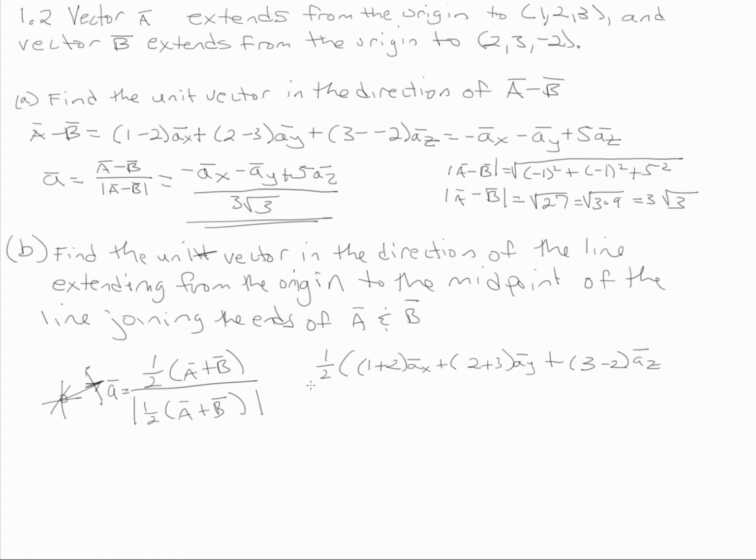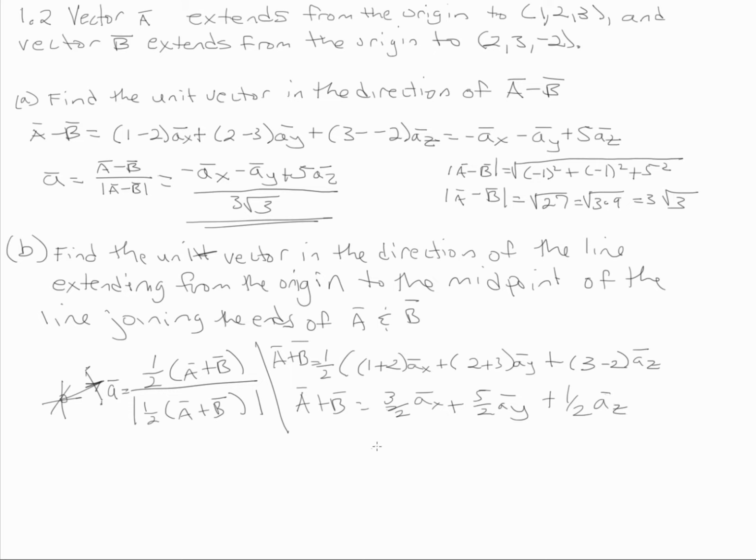And so A plus B is going to be 3 over 2 AX plus, we got 2 plus 3 is 5, divided by 2 is 5 over 2 AY, and this is going to be 1, so plus 1/2 AZ.